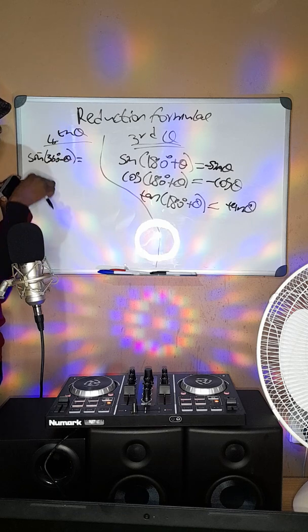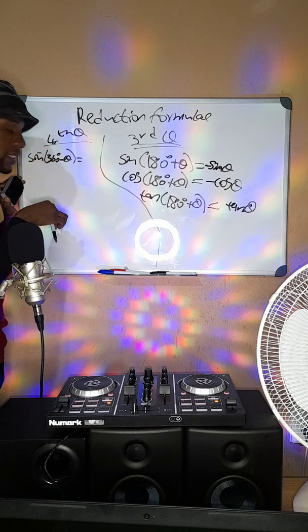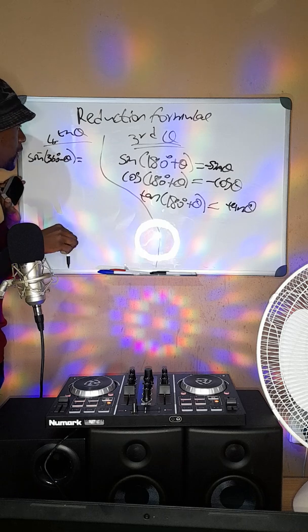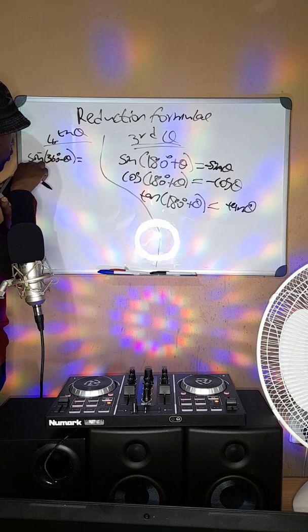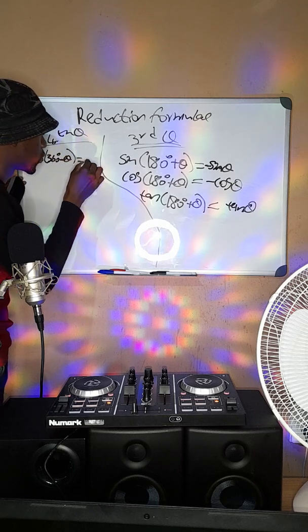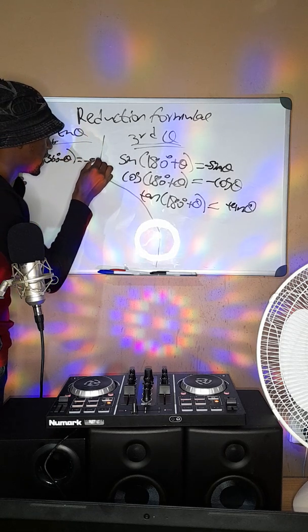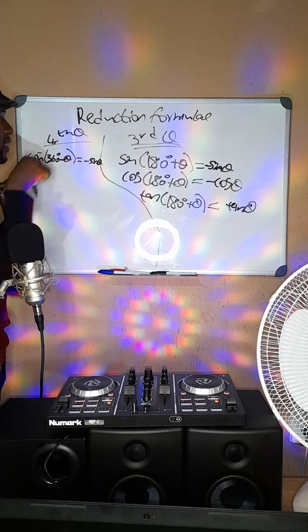It falls in the fourth quadrant. Then in the fourth quadrant, we know our sine is negative. Then it reduces to negative sin theta there.